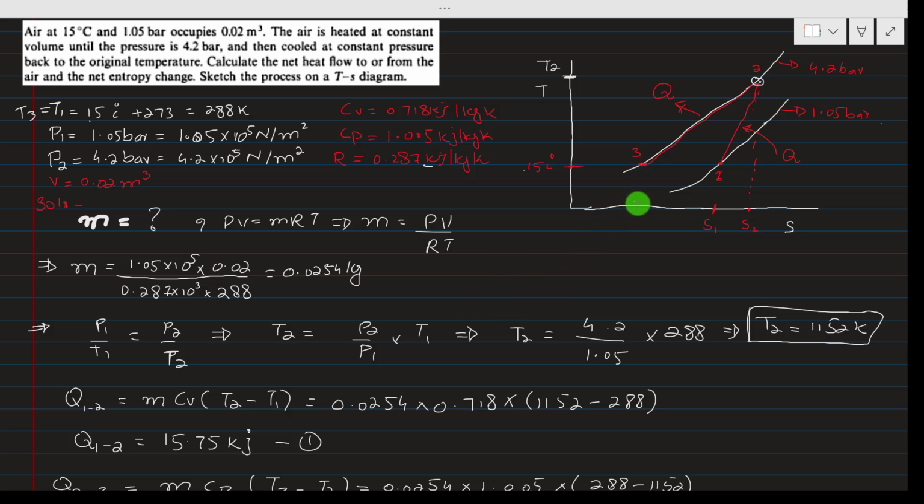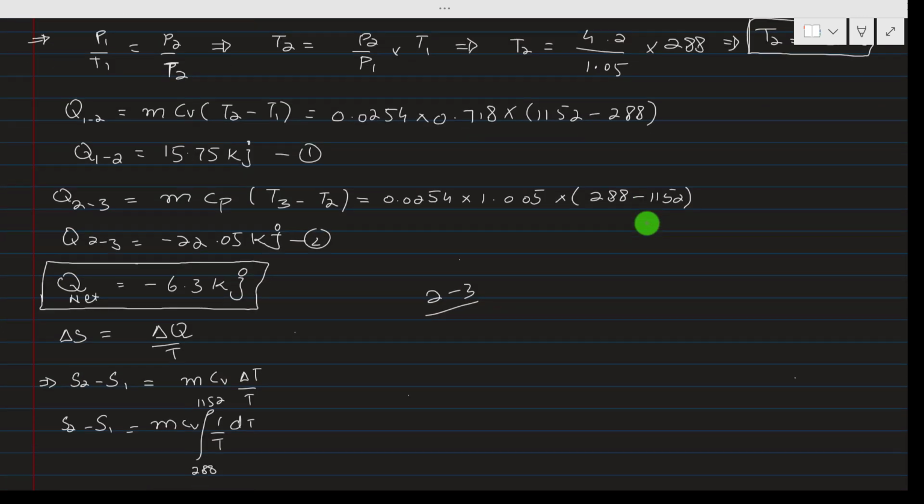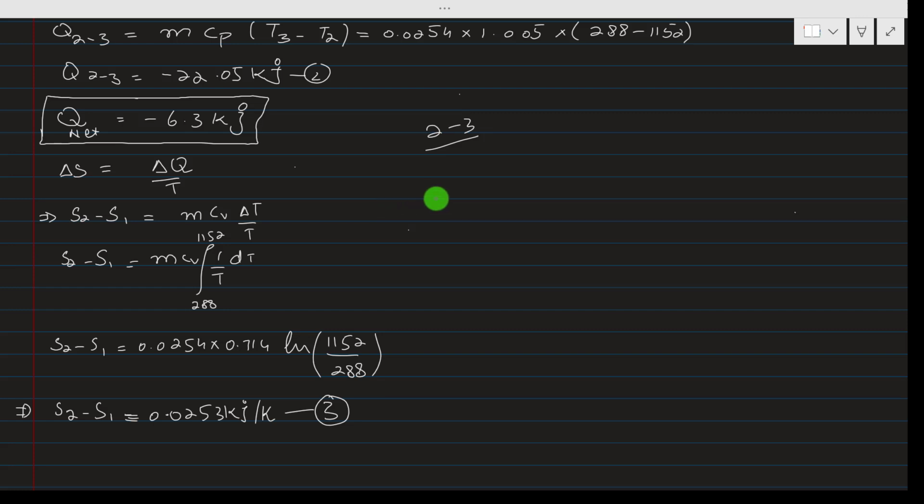At point 3 the respective entropy is S3. So the change in entropy from 2 to 3 is S2 minus S3, change in heat divided by temperature. The change in heat is mCp and change in temperature, so you can write dT over T.